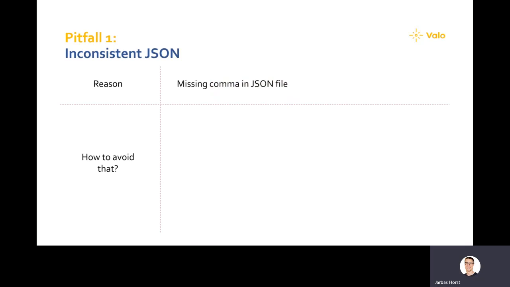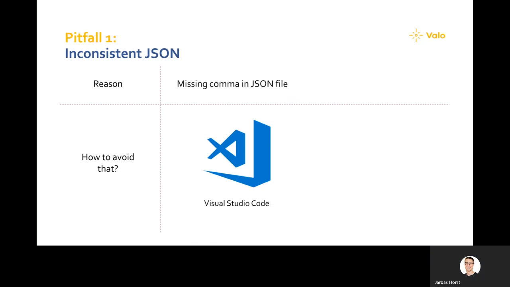And now how can I avoid that? Instead of using a tool like Notepad++, consider using a tool which gives you more support when editing JSON files, which highlights mistakes in a JSON format. So use Visual Studio Code instead of Notepad++.